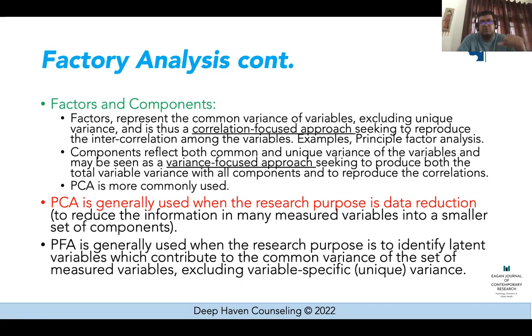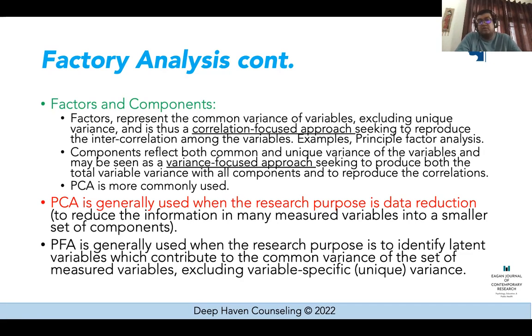But when it comes to components, they reflect both common and unique variance of the variables and may be seen as a variance focused approach. So this is one of the differences. PCA is generally used when the research purpose is data reduction, to reduce the many measured variables into a smaller set of components. So 10 items, we have reduced it to one significant component.